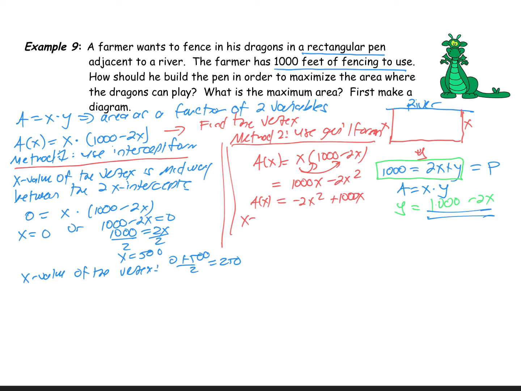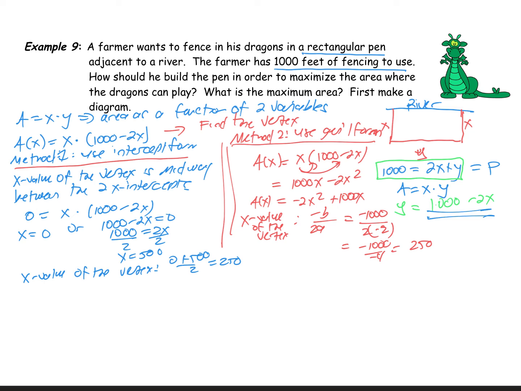When it's in general form, we know the x value of the vertex occurs at negative b over 2a. In this case, b is 1,000, so negative 1,000 over 2 times a, which is negative 2, so negative 1,000 over negative 4, which is 250. So in both cases, we found the x value of the vertex at 250.